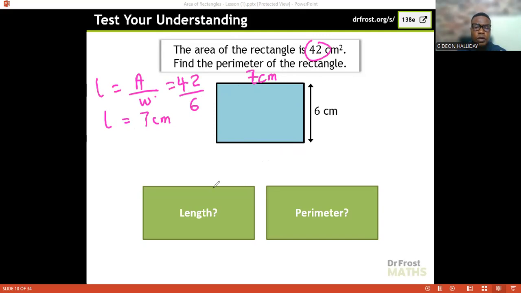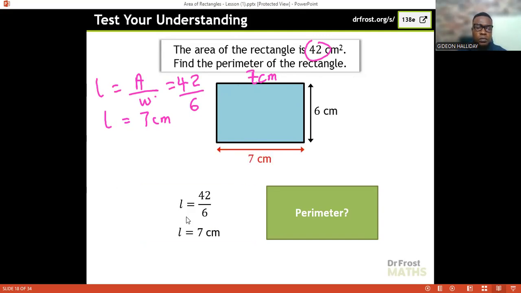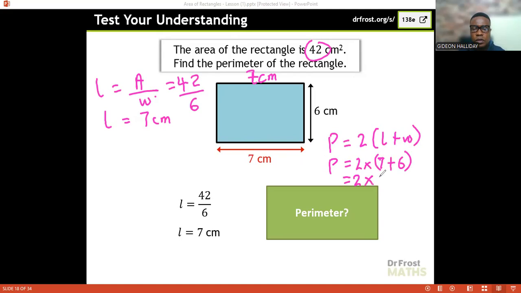Now we can apply that to perimeter, right? We know perimeter is 2 times length plus width, and that equals 2 times 7 plus 6. 7 plus 6 is 13, and that equals 26.